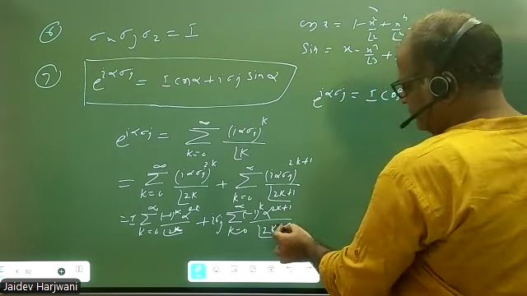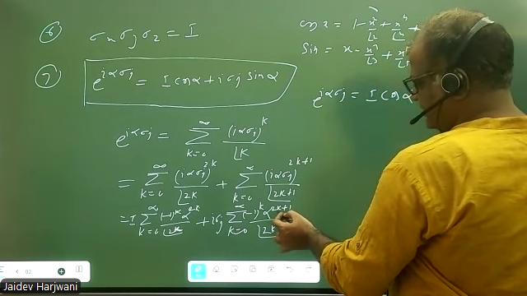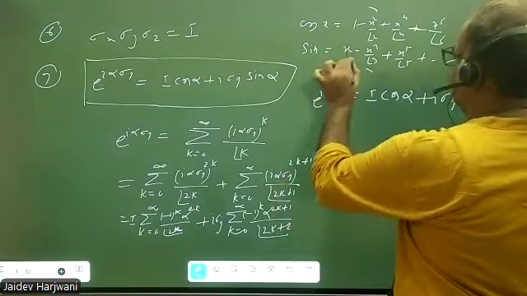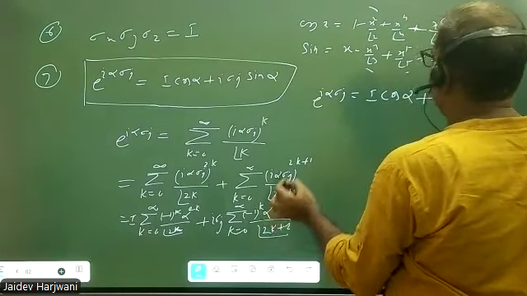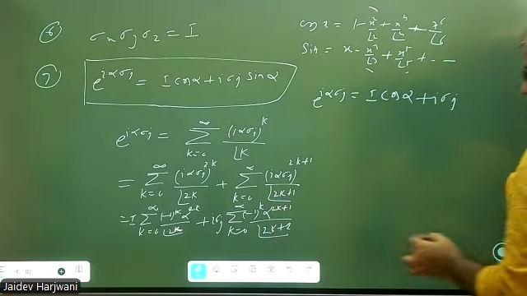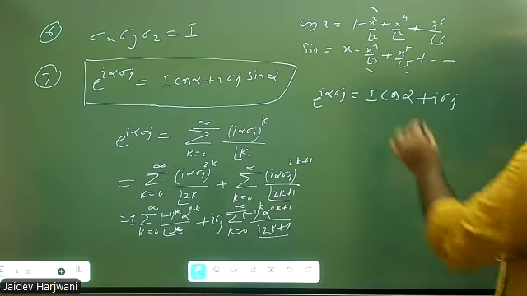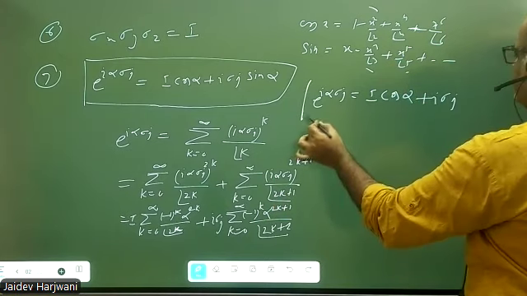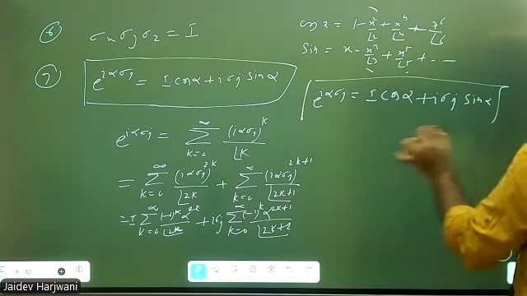If I put 2, it becomes 5, and this becomes positive. So this is the sine series. So I can write this is the sine of α. So hence proved.